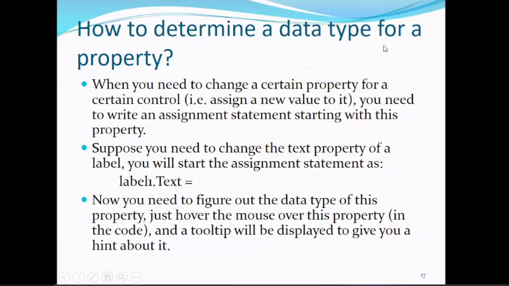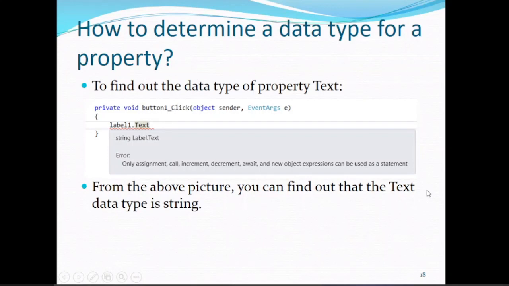How to determine a data type for a property? Each property has a data type. For example, in a text box only text can be typed; you can't enter an integer in the text box. Also in label 1, the property is string label 1.text.